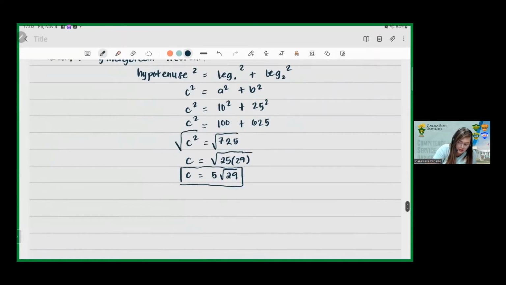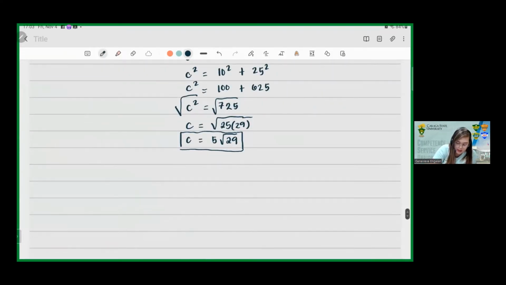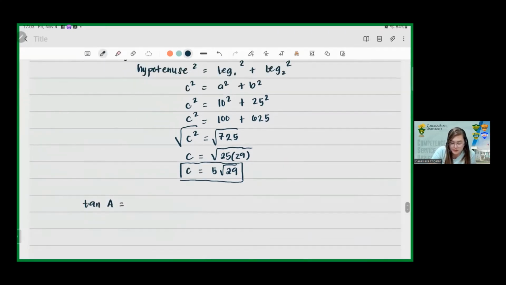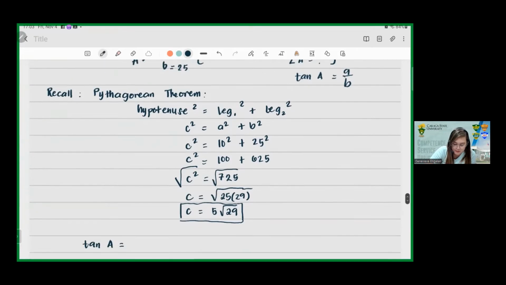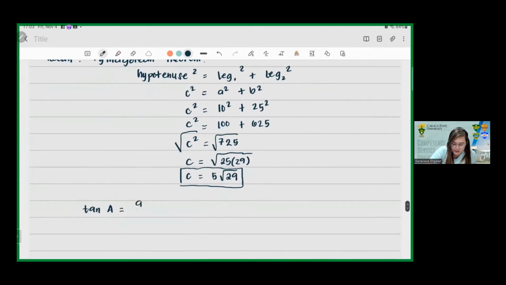So tangent of A is equal to a over b, which is 10 over 25. So you have 2 over 5.